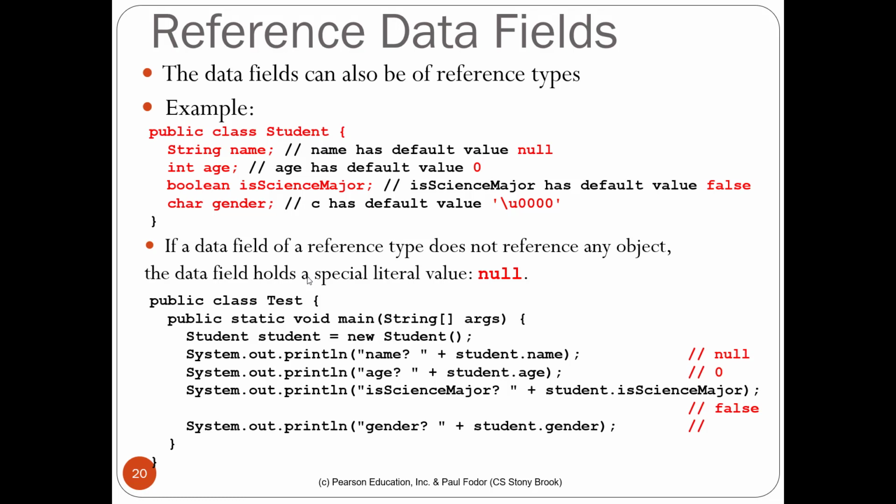So here we have a different class. We are defining a public class Student, and Student has four data members here.